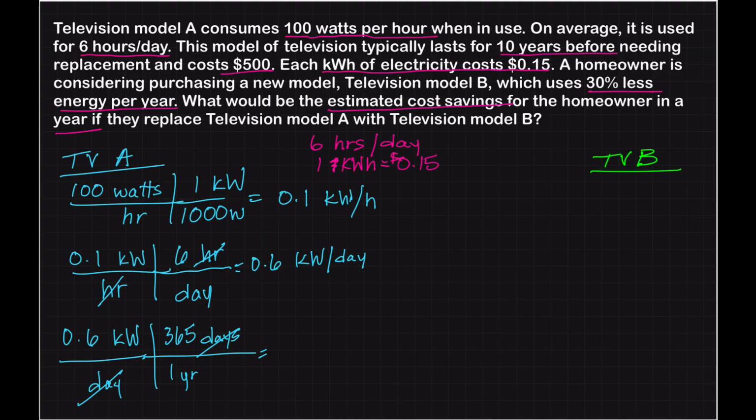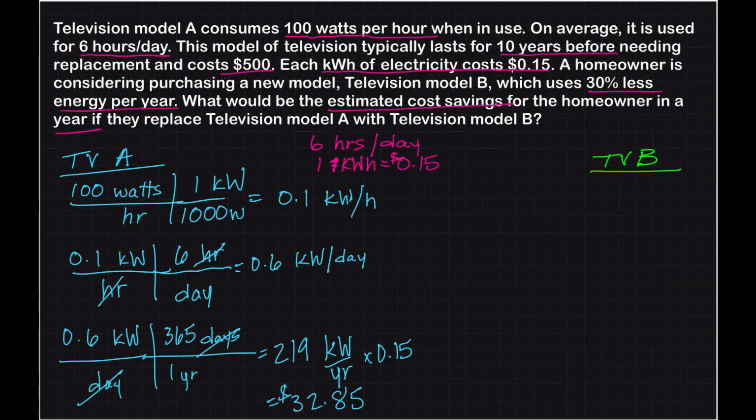So it's a way to keep yourself straight. So 219 kilowatts per year times 15 cents is going to give us 32.85. So it's going to cost us almost $33 a year to use TV A.